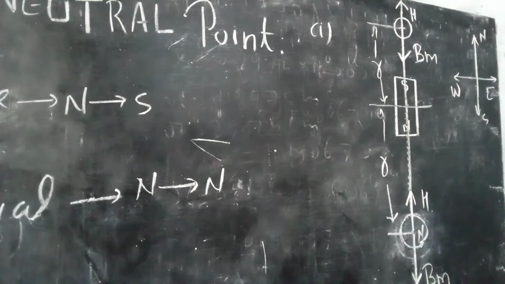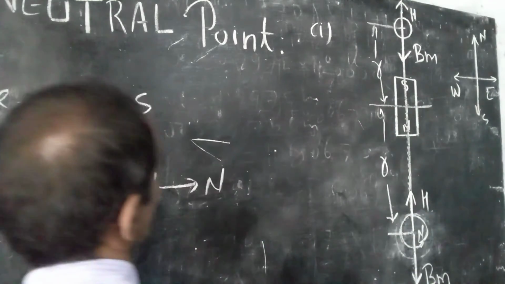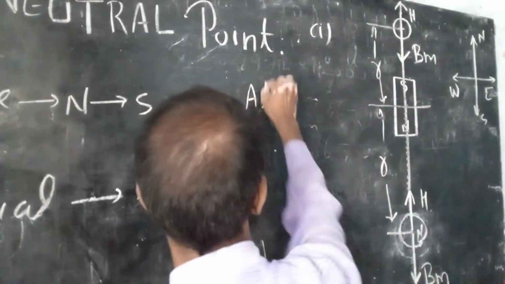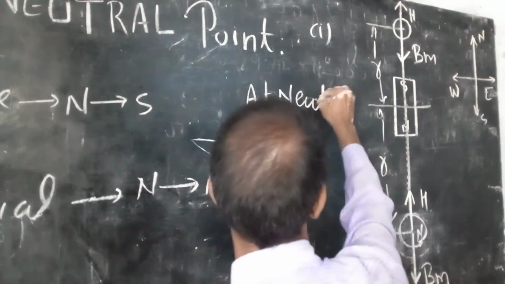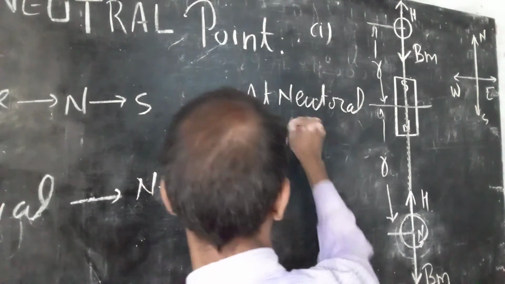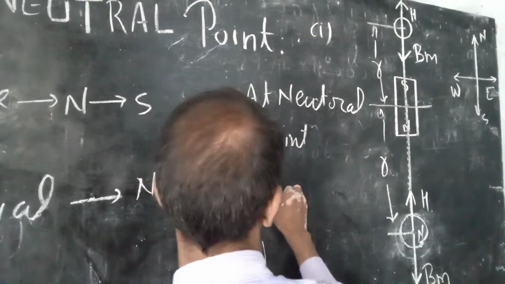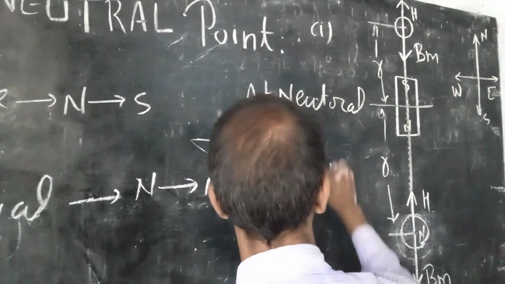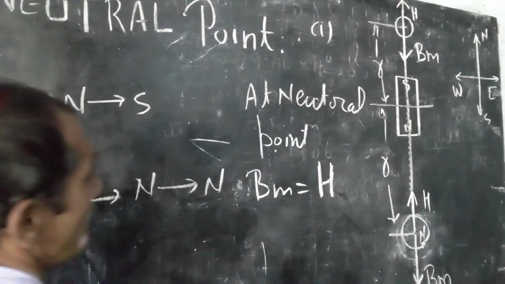So these points are on the axis. At the neutral point, the magnetic field produced by the bar magnet is equal to the horizontal component of Earth's magnetic field, but opposite in direction.